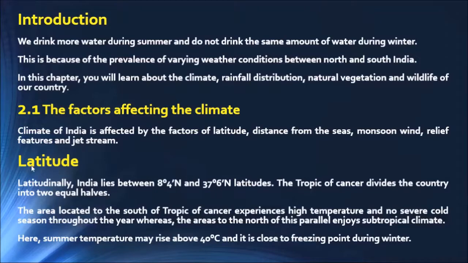The first topic is latitude. Latitudinally, India lies between 8 degrees 4 minutes and 37 degrees 6 minutes north latitudes. The Tropic of Cancer divides the country into two halves.